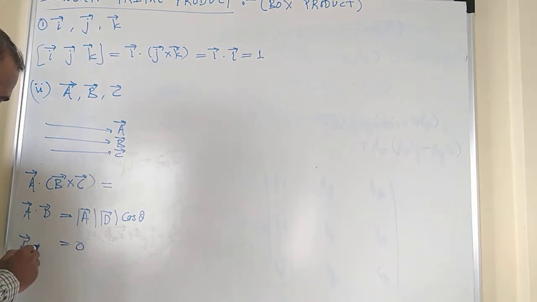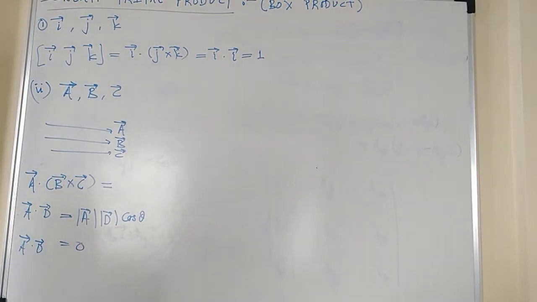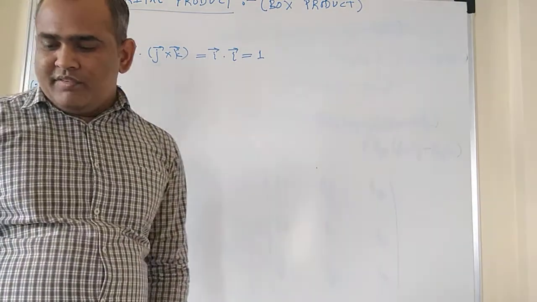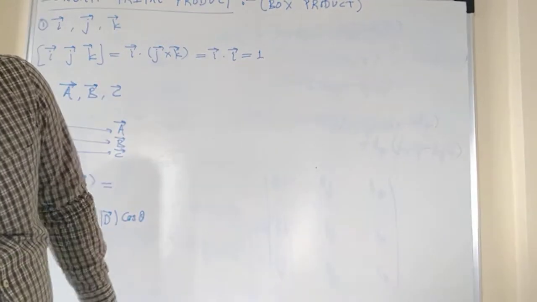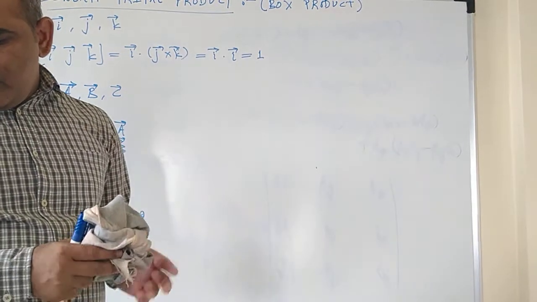So the scalar triple product of three vectors which are coplanar is equal to 0. Or I can say if the scalar triple product of the vectors is equal to 0, that means all these three vectors are coplanar. It is as simple as that to understand. I think you have understood this. Got it?